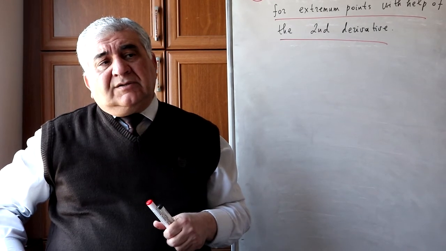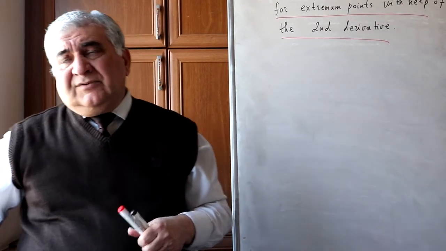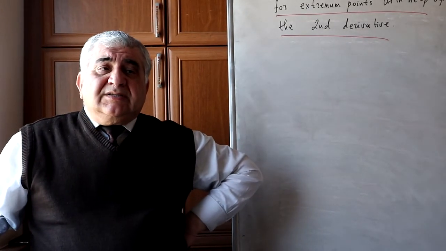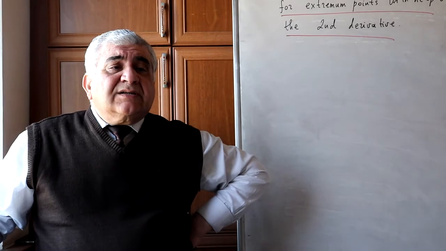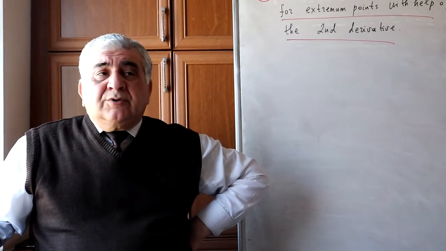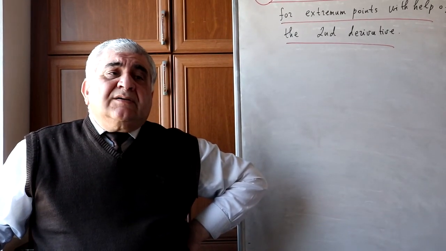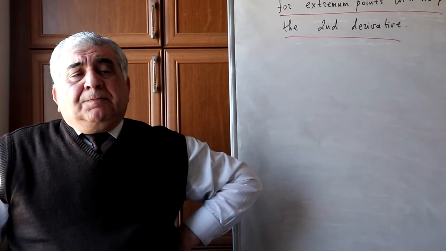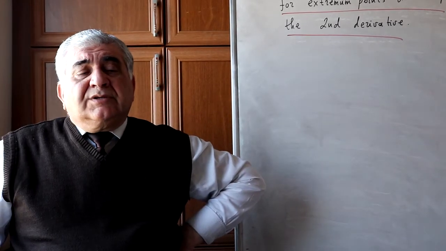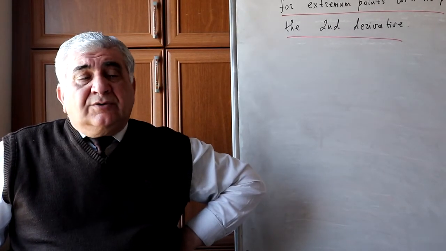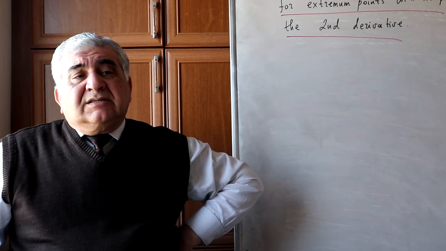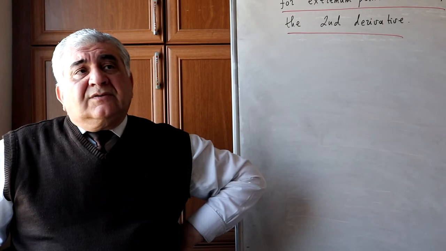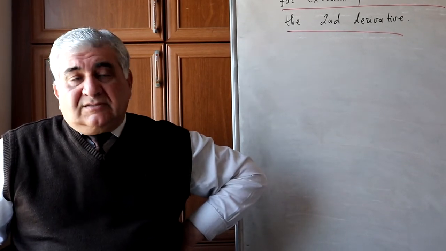If the second derivative at the given critical point is positive, then the given critical point is the minimum point. If the second derivative is negative, then the given critical point is the maximum point, and if the second derivative is zero at the given critical point, then we have the indeterminate case.